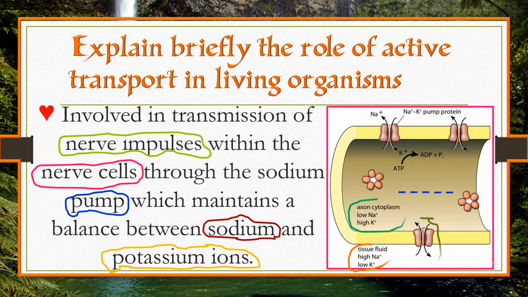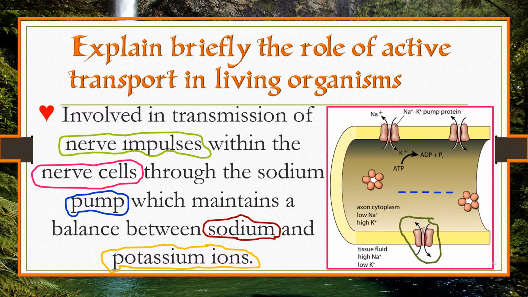Now, we have these structures down here. These are called voltage-gated channels. These ones can open and allow sodium to flow from the tissue fluid to enter into the axon cytoplasm.